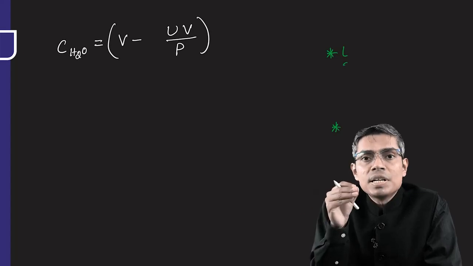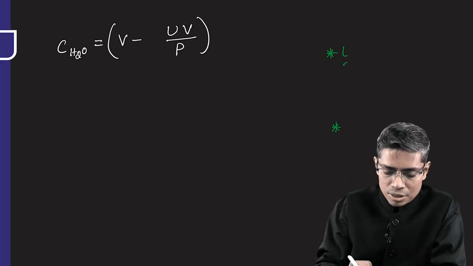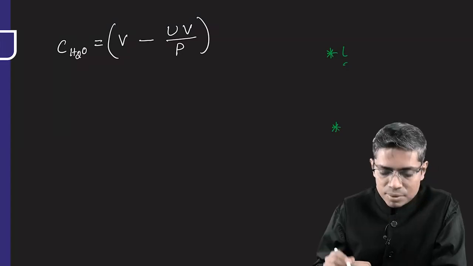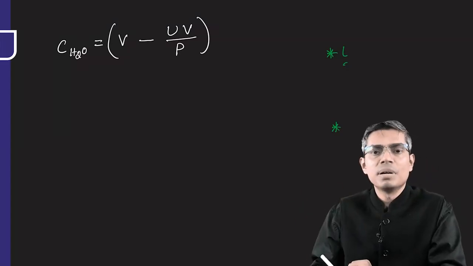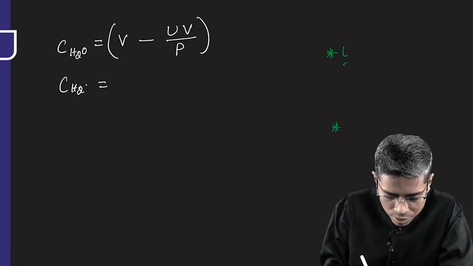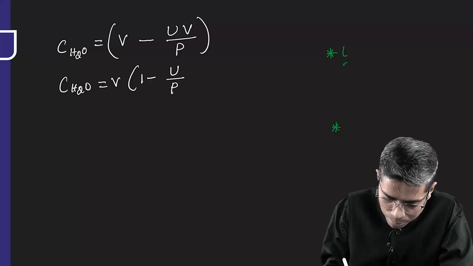What is U? U is the urinary concentration. And what is P? P is the plasma concentration. So this is the formula for calculation of the free water clearance, V minus UV by P. If I simplify this formula, CH2O is equal to V times (1 minus U upon P).